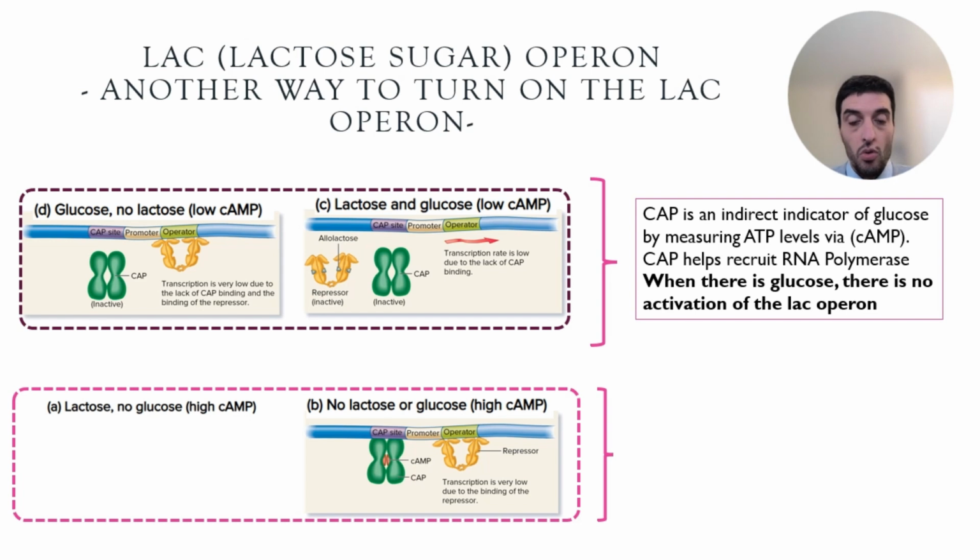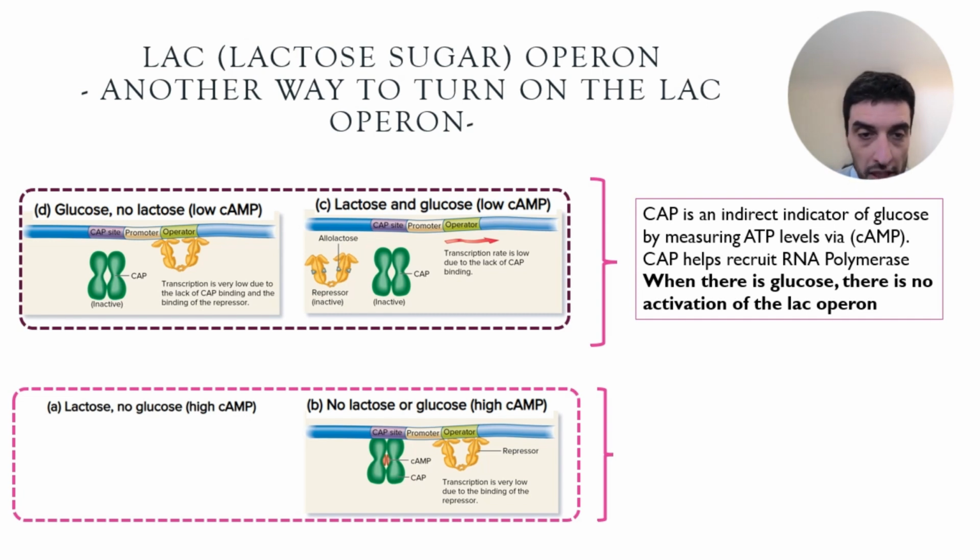And in general, what you guys have to remember is that if there is glucose in abundance, the bacteria is not going to produce any enzyme to digest lactose. Okay? Because of the CAP interaction.